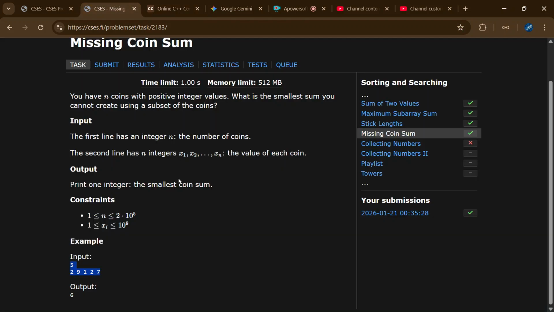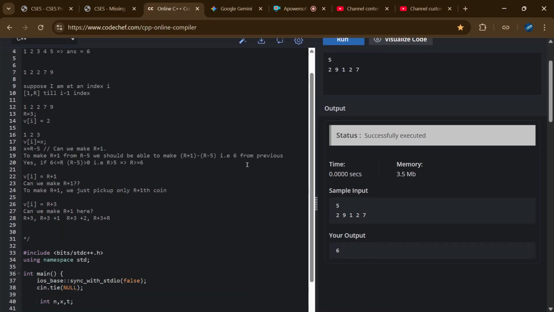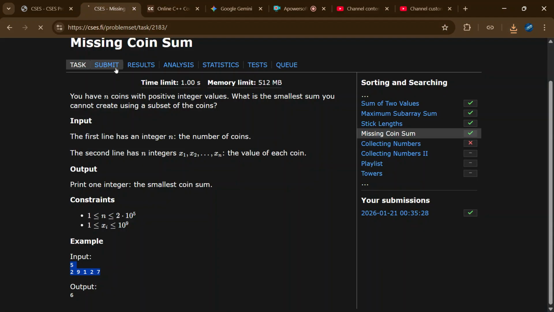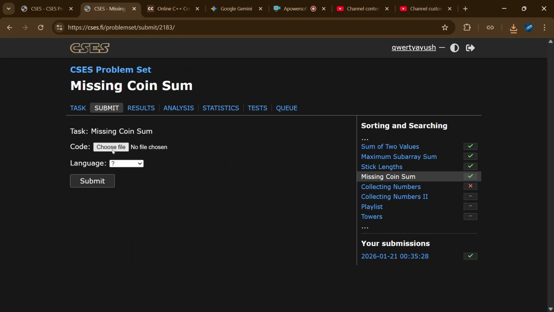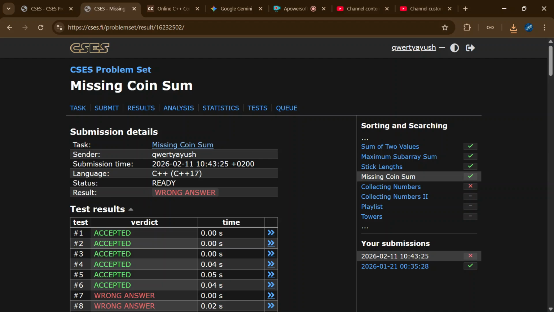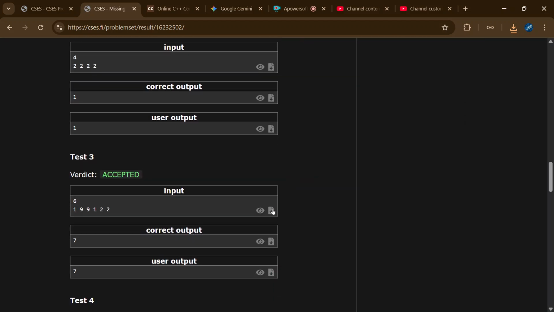What should be our expected answer? 6. So we are getting 6. Let's try to submit it. I am getting wrong answer here, so let's check it.